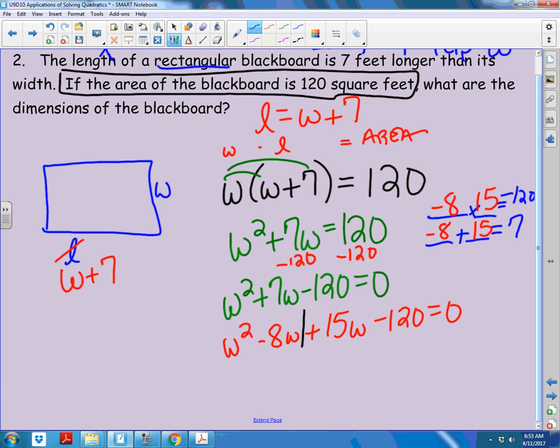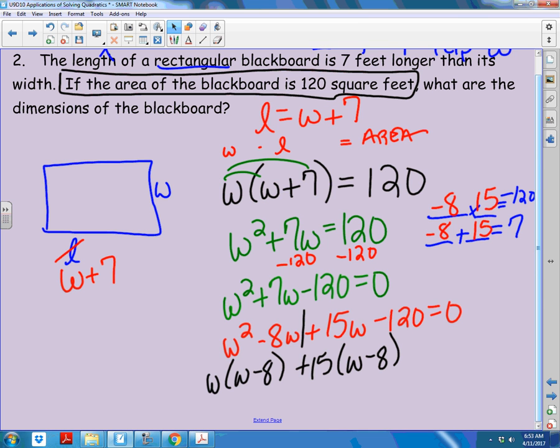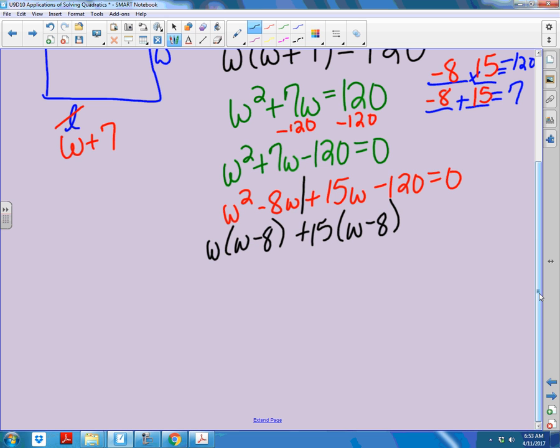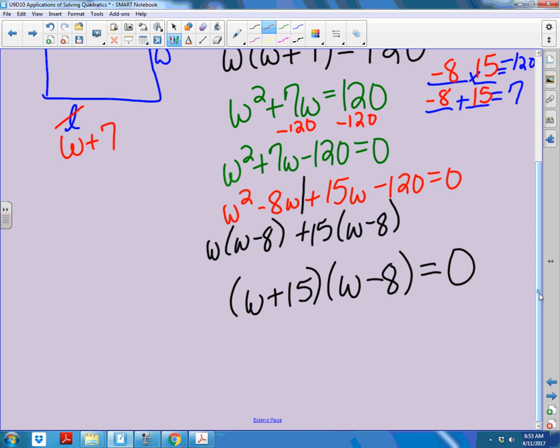Split it, GCF, plus 15, which gives us our factors of W plus 15 times W minus 8. Remember, all that is equal to 0. We use the zero product property, which gives us a width of negative 15 or a width of positive 8.